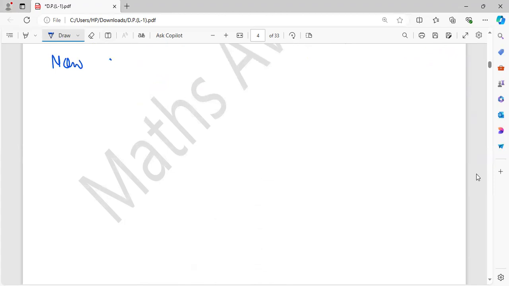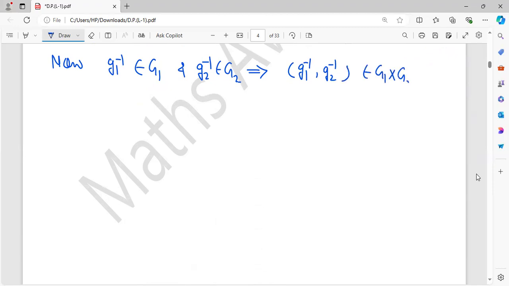Now g1 inverse belongs to capital G1 and g2 inverse belongs to capital G2, implies (g1 inverse, g2 inverse) belongs to G1 cross G2. Okay, and what is (g1, g2)(g1 inverse, g2 inverse)?